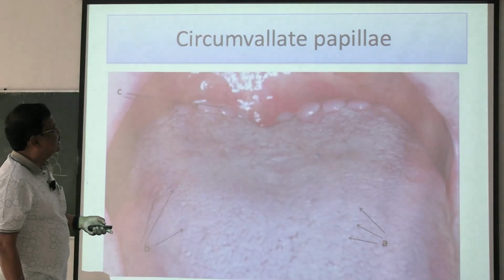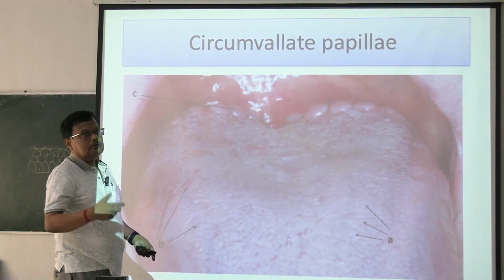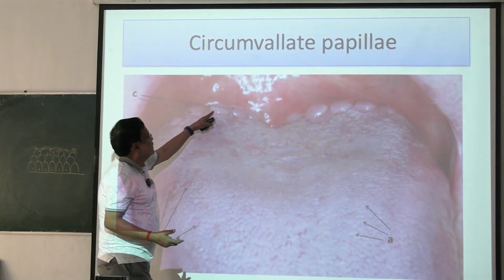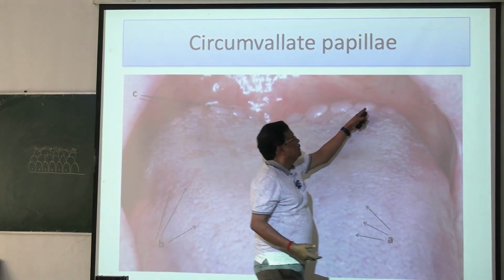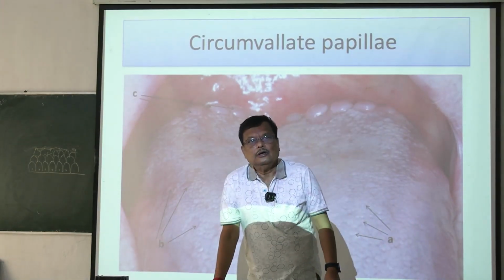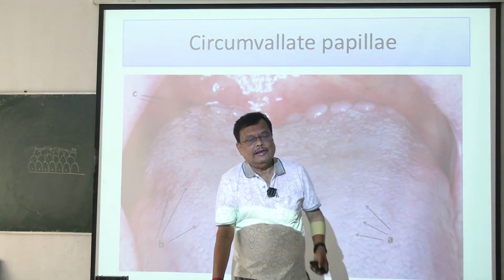Next, the most important and interesting one, you can see it yourself in front of a mirror. 8 to 12, 12 to 16 papillae are present. These are known as the circumvallate papillae. Circumvallate papillae.